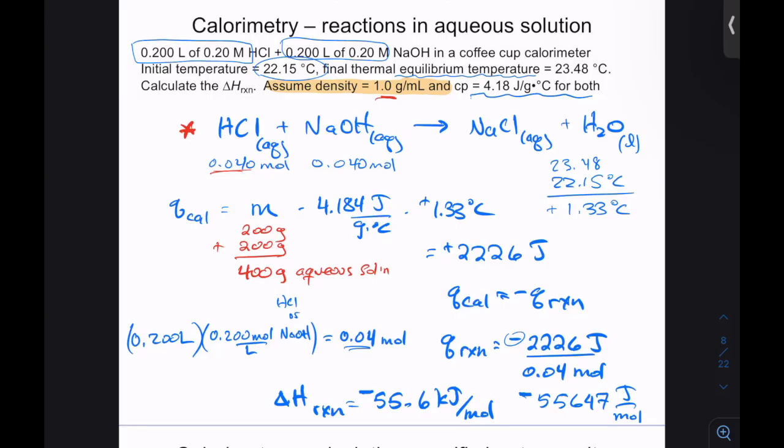We're just assuming that that's now the same as the density of water, okay? So the reaction is still happening, but now the ions that are already in solution are interacting with each other. There's still thermal energy associated with that interaction, and that's what we're measuring here. Okay, so it may seem like a subtle difference, but hopefully it's starting to sink in.